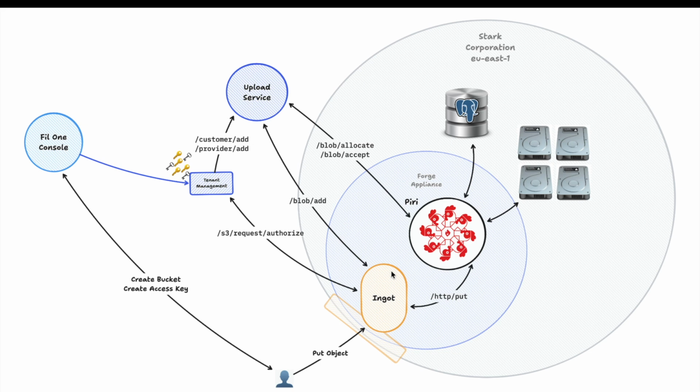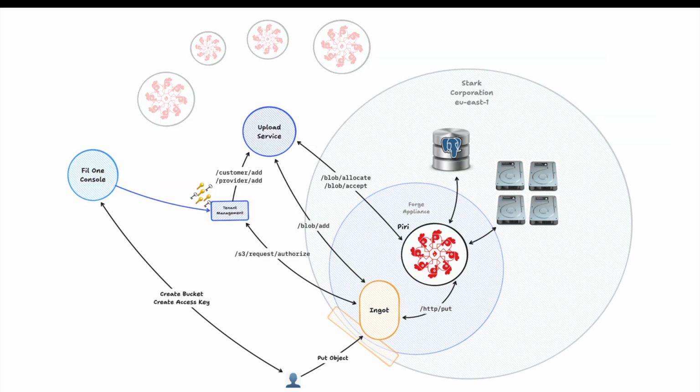And then the cool thing about this is that this flow of adding a blob and uploading it can be collapsed down into just receiving the blob, writing it, and then Piri saying, yeah, I've got it already, don't worry about uploading it. But that's an optimization that is coming, and that's pretty much it that happens in the upload service.